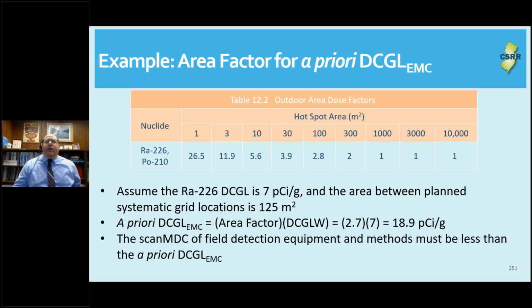Based on the blue area on the previous slide, it is 18.9 picocuries per gram. This is the threshold of a field scanning instrumentation's calculated MDC, minimum detectable concentration, which would need to be achieved for the given sample density plotted. This step is completed in the planning phase before a survey is completed. Next.